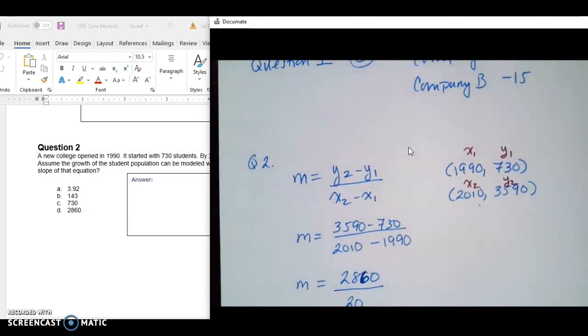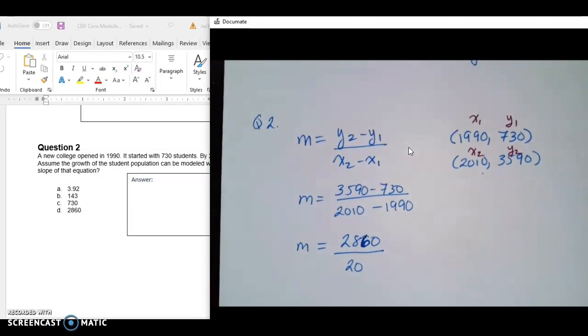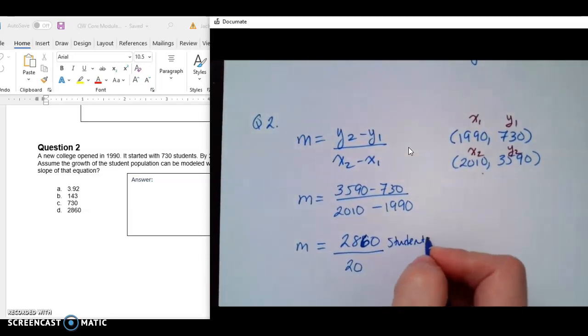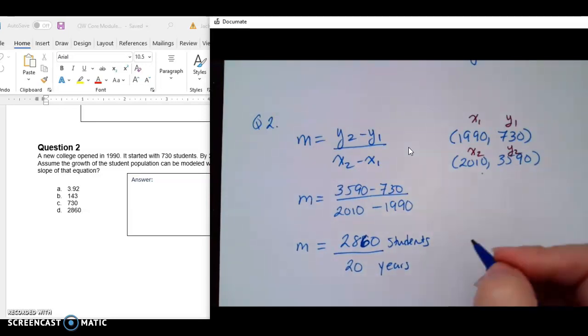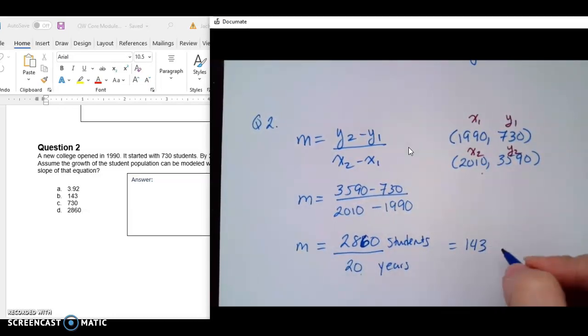Even though in this example, looking at the answers, the units aren't there, I want you to keep in mind what the units would be. In this case, it would be students in the numerator and years in the denominator. So it's a change of 2,860 students over 20 years. And when we divide, we get the unit rate, the number of students per year. So this would be 143 when I divide those two numbers. That would be students per year.